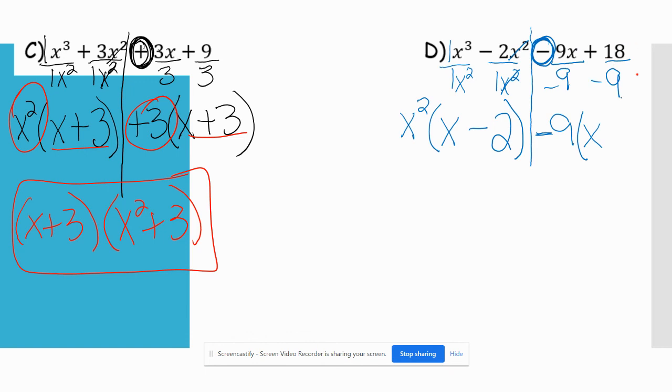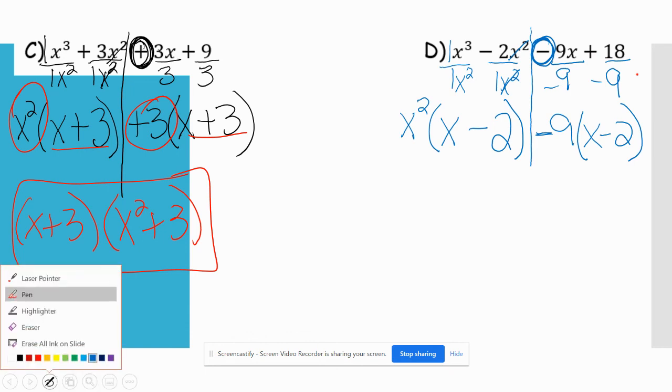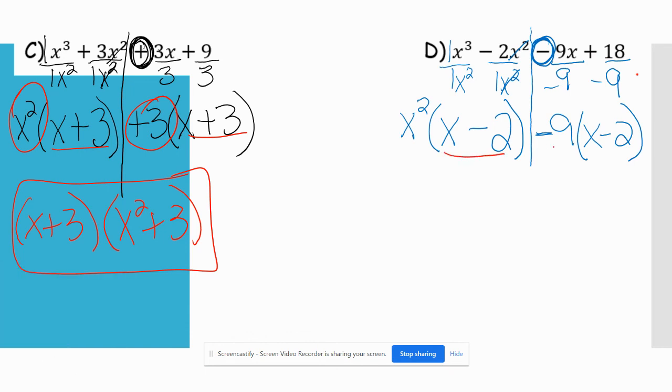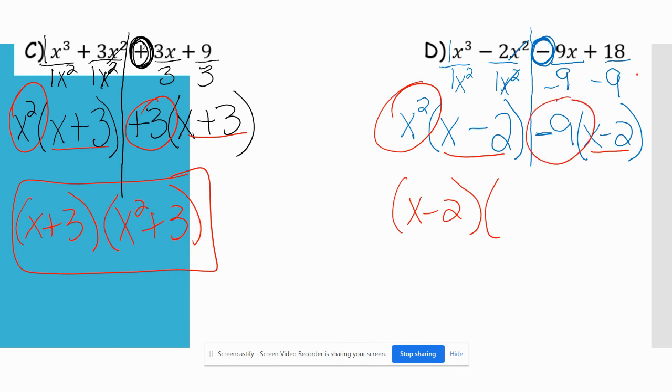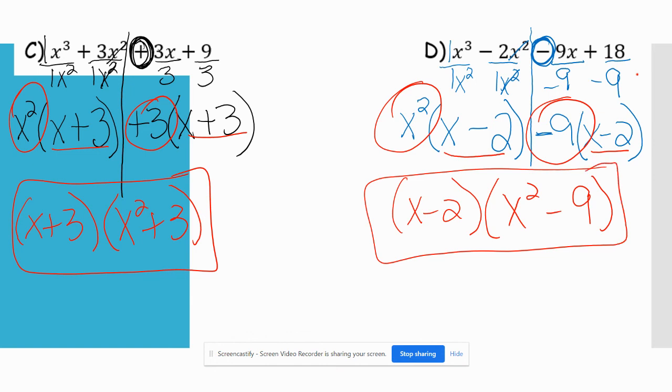Positive 18 divided by negative 9 is negative 2. Our leftovers are both matching. They're both x minus 2. That's our new greatest common factor. And then our leftovers, once we pull that out, are x squared minus 9. And that's our factored form for now.